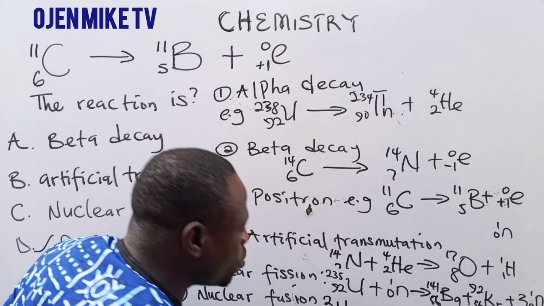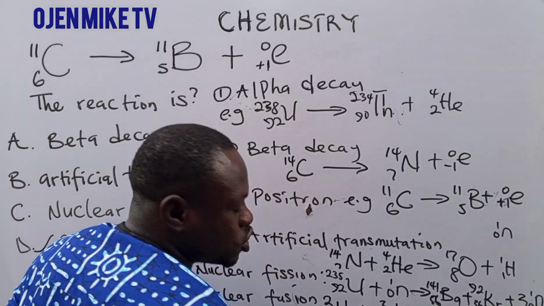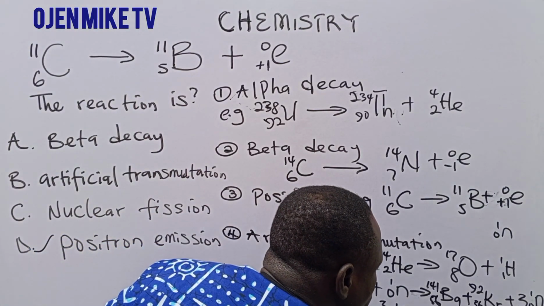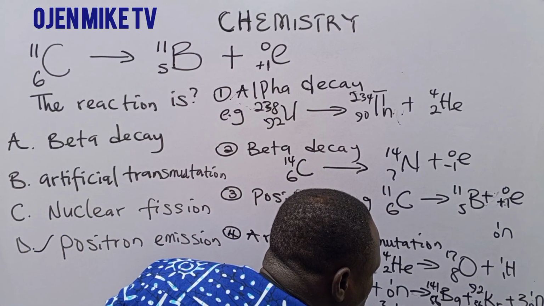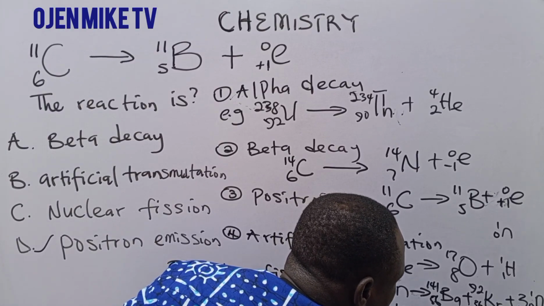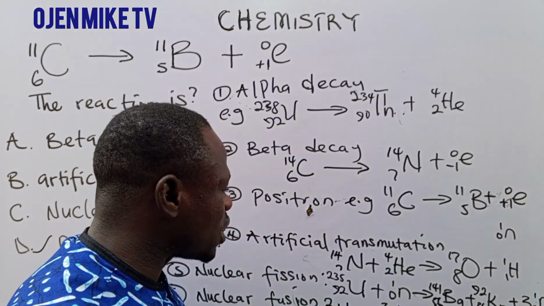This is deuterium combined with tritium, to give you what? Of course, helium 4, 2 plus what? Plus a neutron. Are you following? So if you see any kind of equation like this, it is fusion.